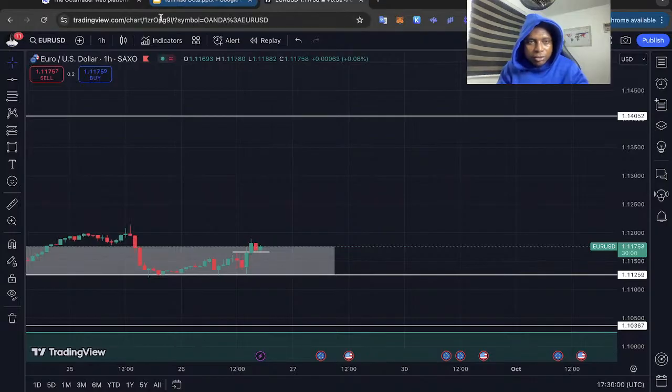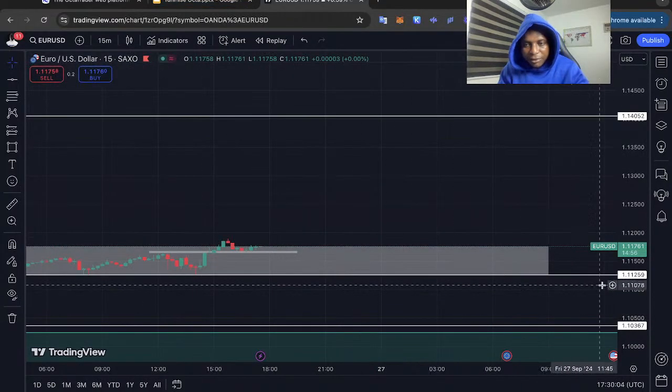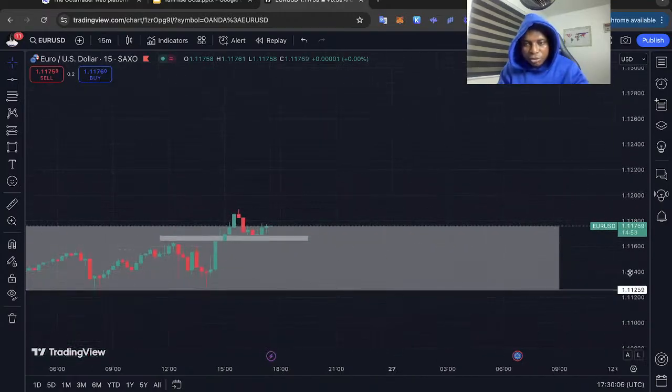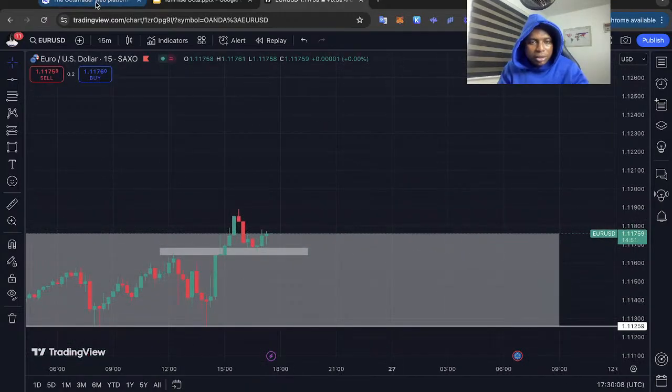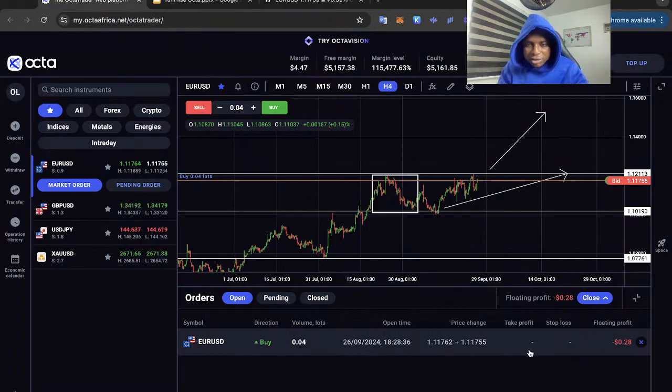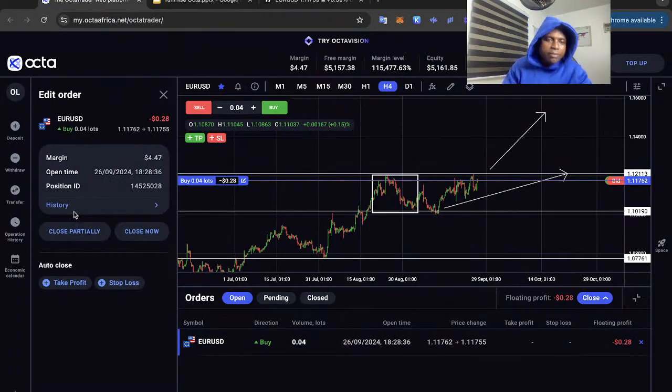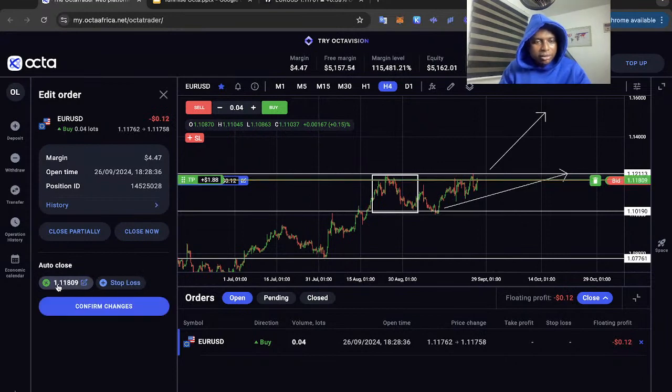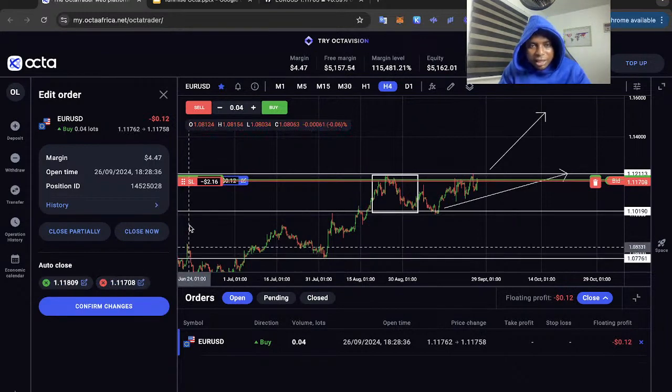We made a trade on a 15-minute time frame, expecting price to shoot up. So let's go back and put in our stop loss and our take profit. So we come here, modify, add stop loss, add take profit.